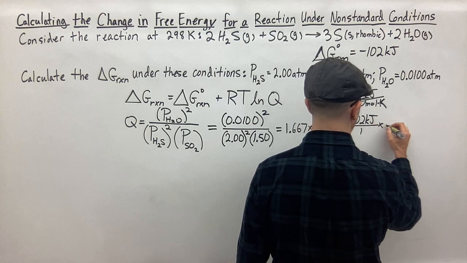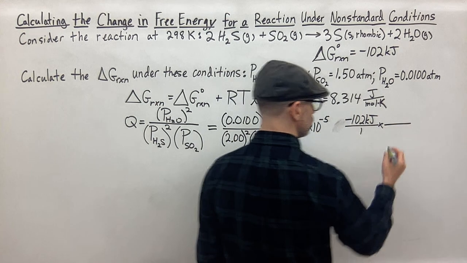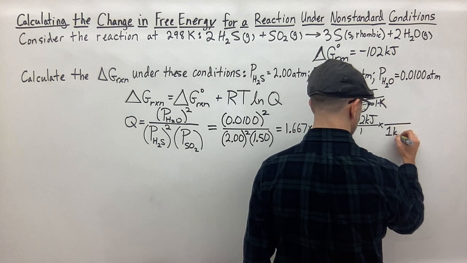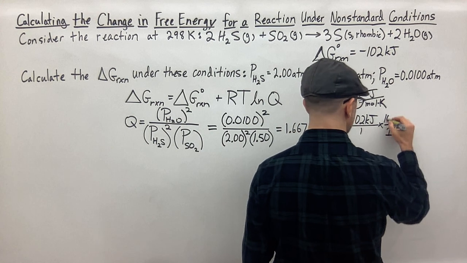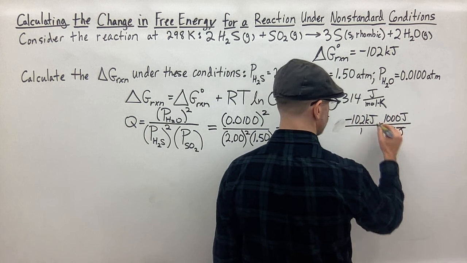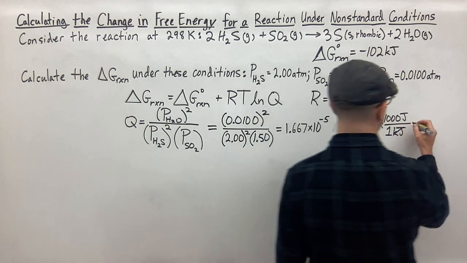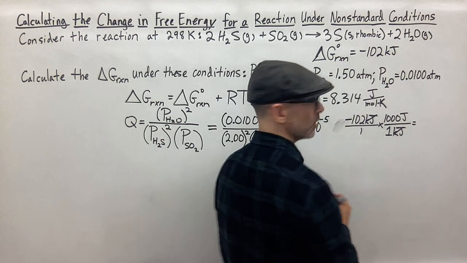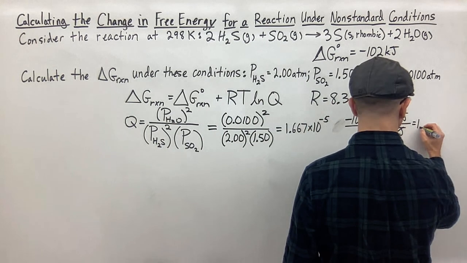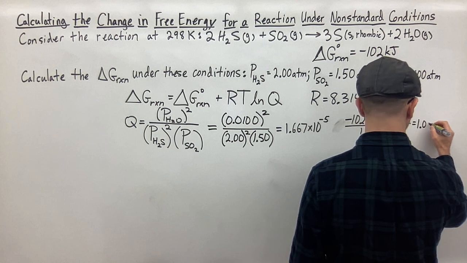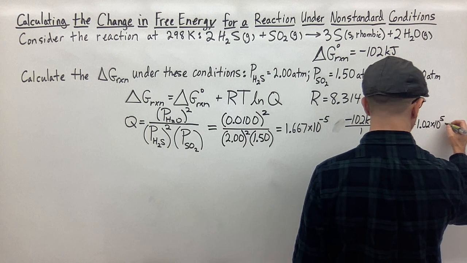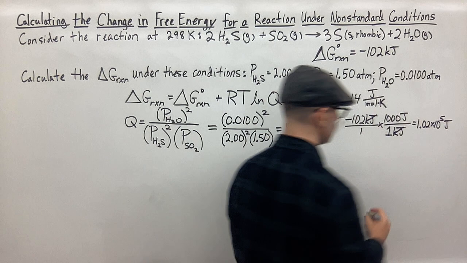I know that 1 kilojoule is equal to 1,000 joules, so I'll put 1 kilojoule on the bottom, 1,000 joules on top. Kilojoules cancel out, and so I end up with 1.02 times 10 to the 5th joules.